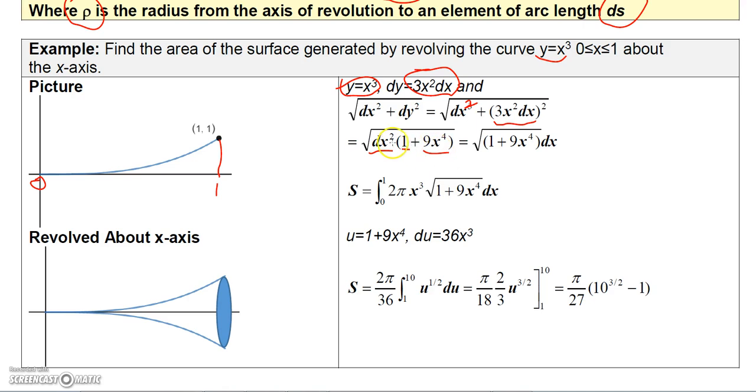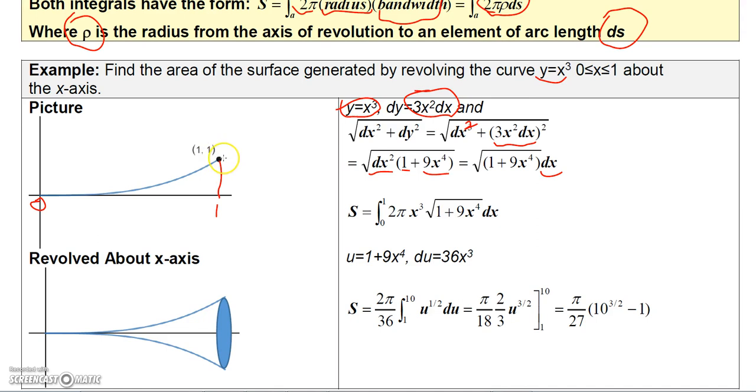And then, since that's dx squared, if we take it out of the radical, we'll just get a dx on the outside. So now, going back to the formula, I need the 2 pi times the radius. Well, the radius would be the distance from here to here, which would just be the y value, which is x cubed.